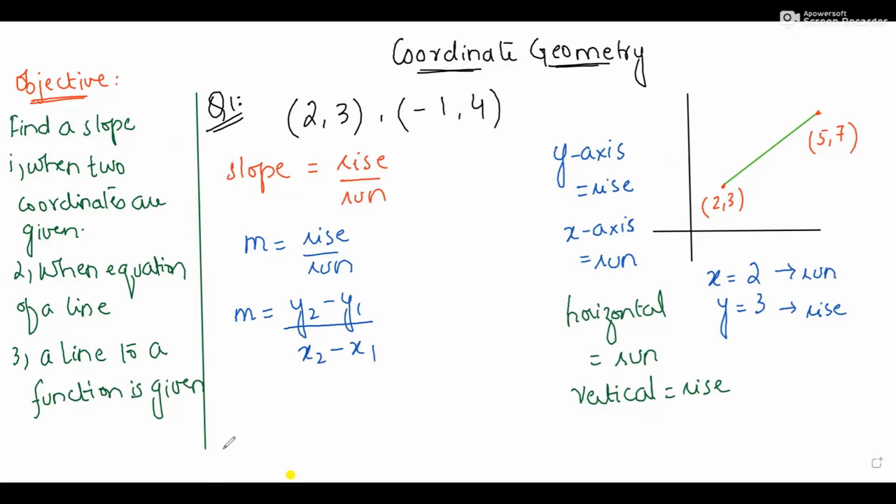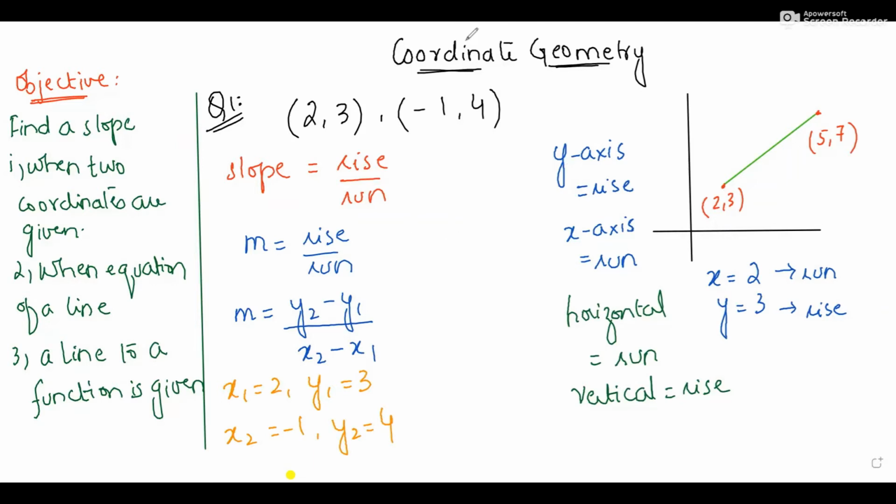For this question, you have to finalize the values of x1, x2, y1 and y2. So x1 equals 2, y1 equals 3. Similarly, x2 equals minus 1 and y2 equals 4.